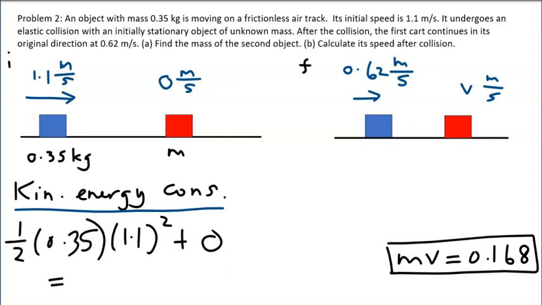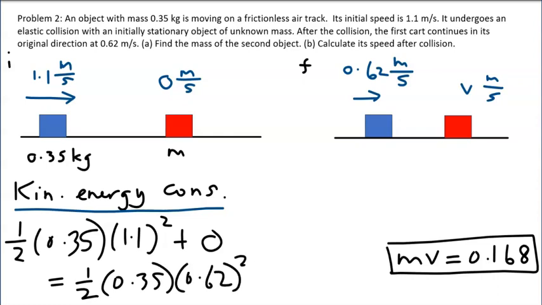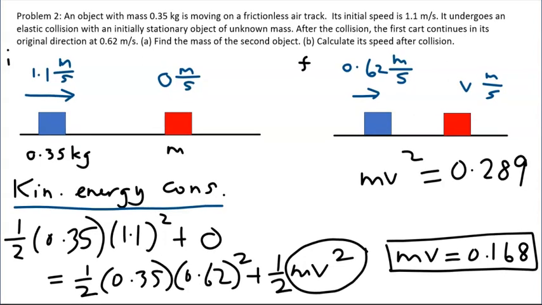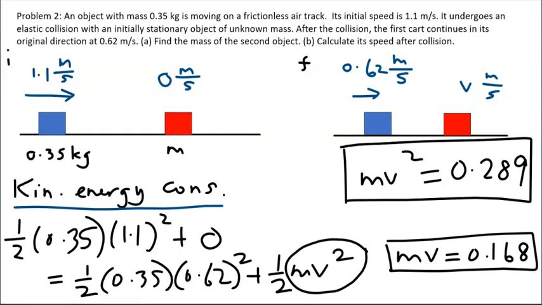This equals the kinetic energy after the collision, which is half times 0.35 times 0.62 squared, plus the kinetic energy of the second object with unknown mass, half mv squared. Of course, we can solve for mv squared from that equation, and that will give us mv squared as 0.289. So we have two equations, 1 and 2 now, that we can solve for m and v.